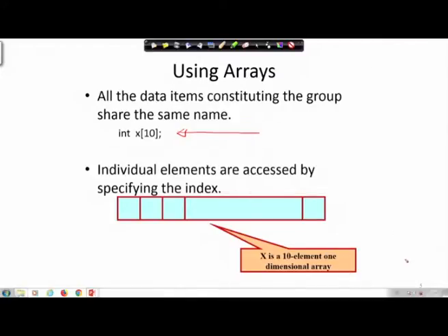Now comes a peculiar thing. If you look at this, we are saying that each of these elements is stored in these locations and is identifiable and accessible by the indices. Now, in C language, the index value starts from 0.